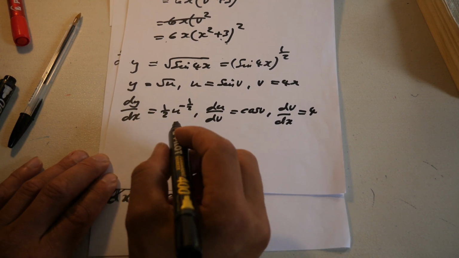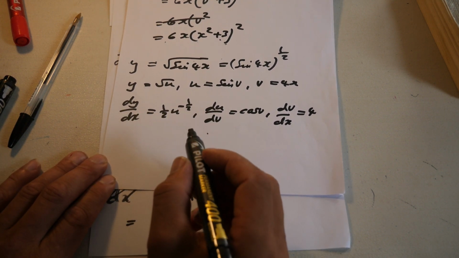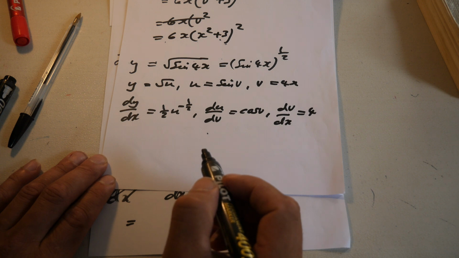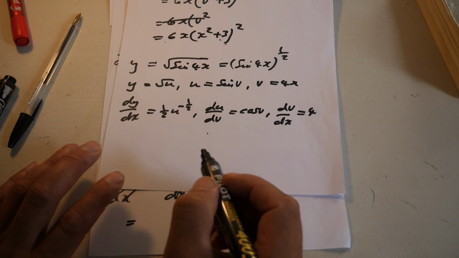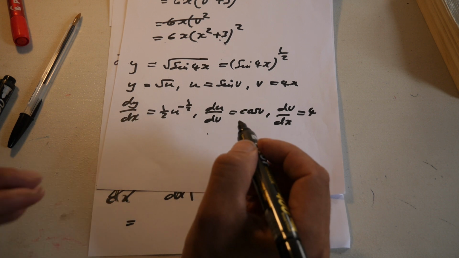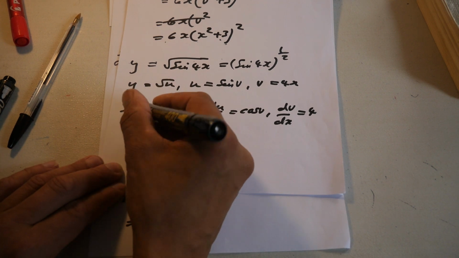So if you multiply all this together, you get, sorry, that should be du, not dx.